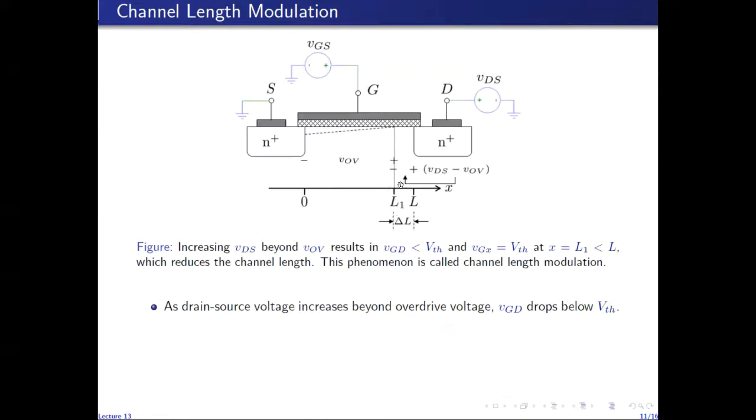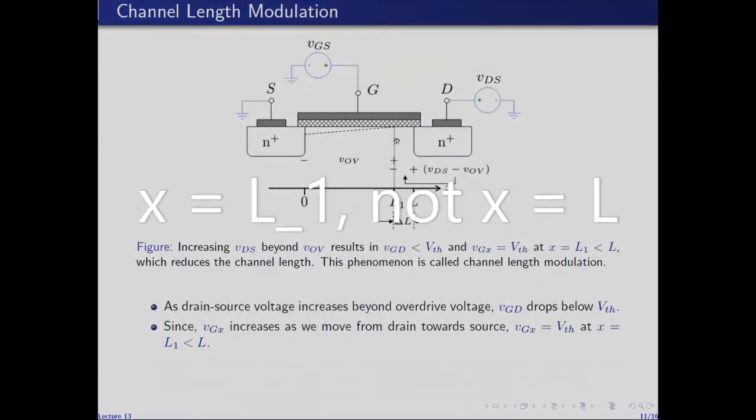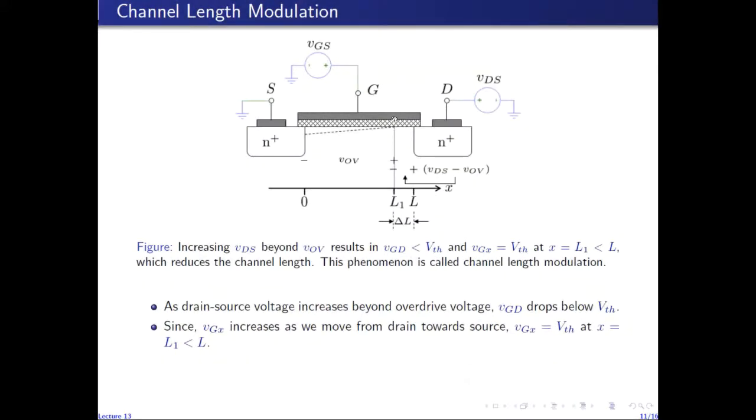So here I'm assuming that VDS is increased beyond VOV to such a value that VGD drops below V threshold and VGX at X equal to L1 becomes equal to V threshold. So the channel pinches off at X equal to L1.